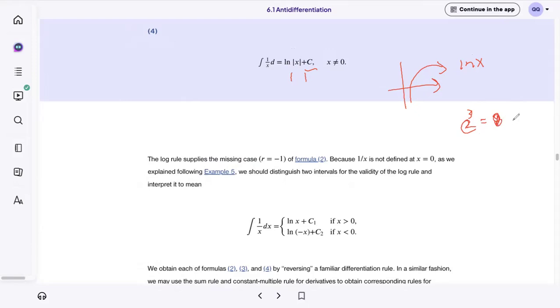It will never be a negative value or 0. So that's why we put an absolute sign here, to ensure such an expression cannot be negative.